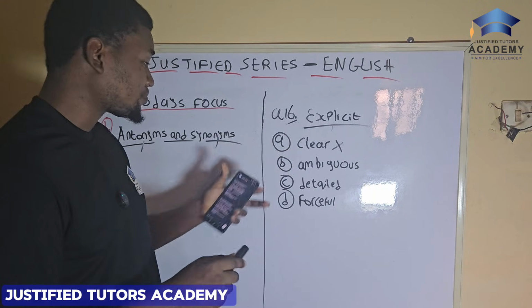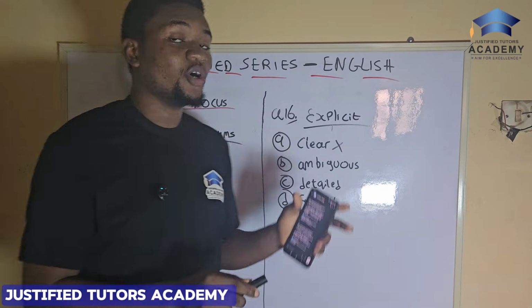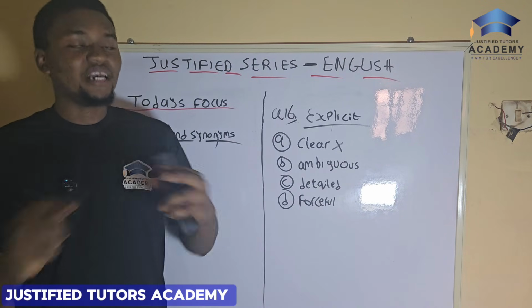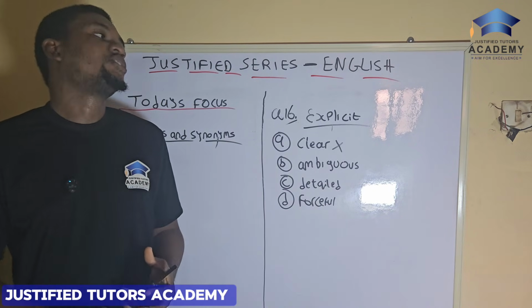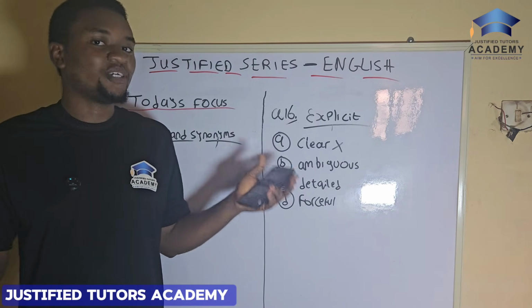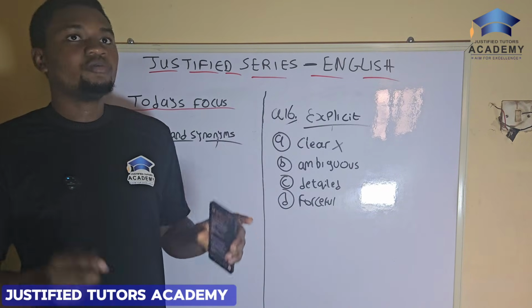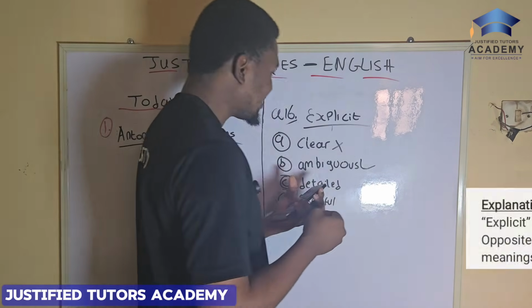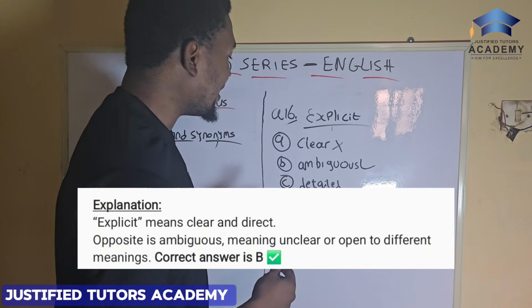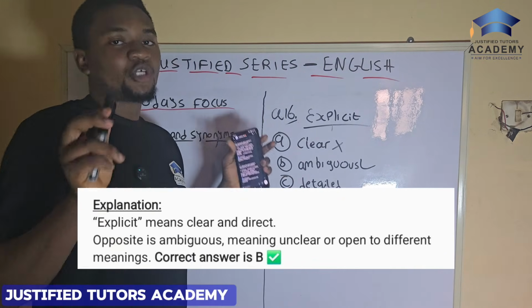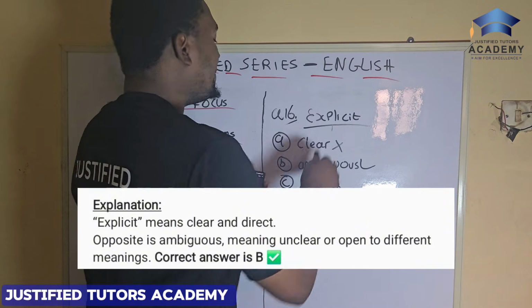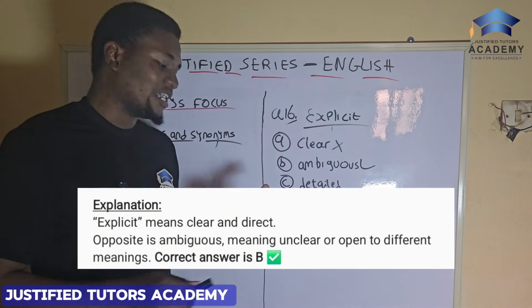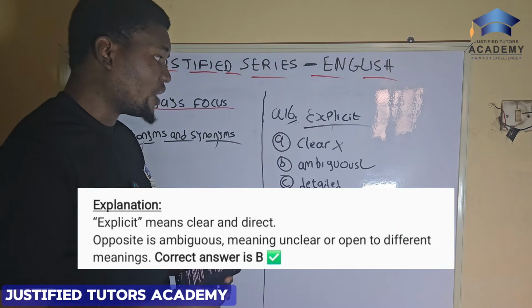The next one, ambiguous, means something that is unclear. We are dealing with opposite meaning. So that means our answer is B. Since explicit means something that is clear, and ambiguous means something that is unclear, it means that B is our correct answer. But let's still go further and check other options.